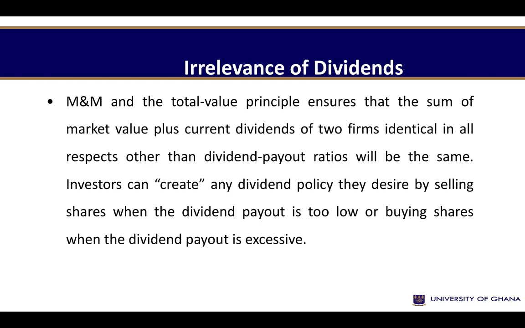So in essence, when the firm reinvests the extra surpluses in growing the business, the increased value from the equity shares, which provides a gain in the event of sale, can be accrued by the investor, in the sense that if the investor feels that they need cash, they can take one or two shares and sell them to create cash dividends, because whatever value they would have derived if they were to receive actual dividends is still inherent in the increased value of the share. So they're able to create their own dividends.